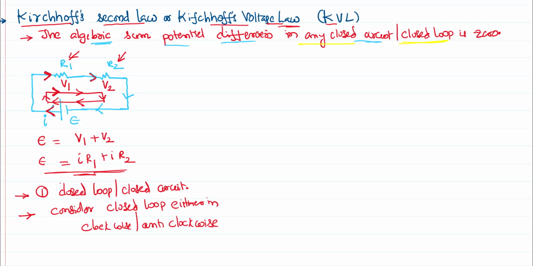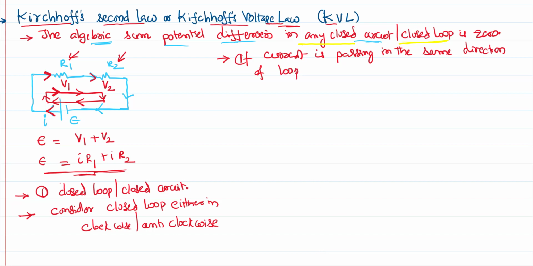So the first condition is, if current is passing in the same direction of the loop that we have initially chosen, treat that potential drop across that element as negative. So be careful.